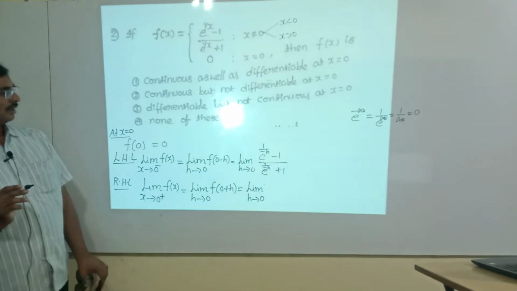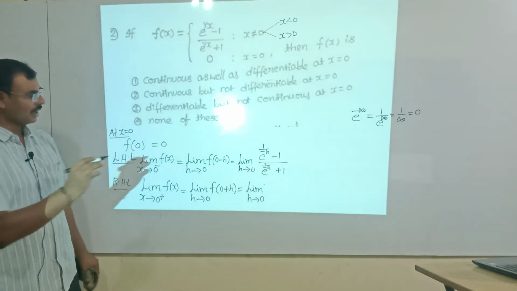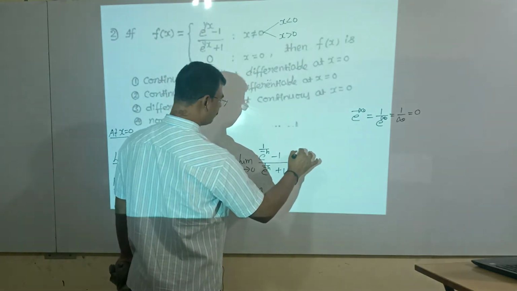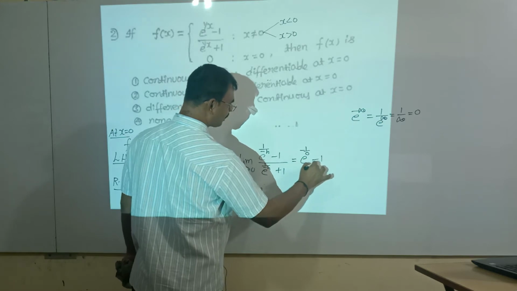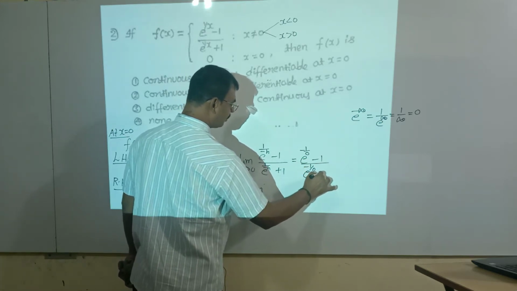This is the f of 0 minus h value. Now apply the limit. This becomes e raised to minus 1 divided by 0 minus 1 upon e raised to minus 1 divided by 0 plus 1.